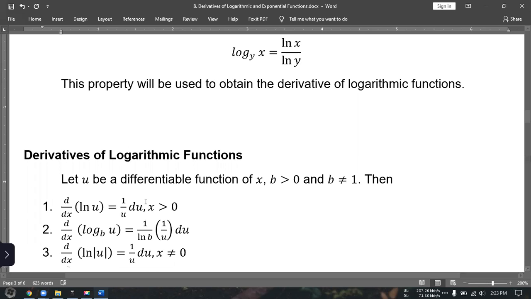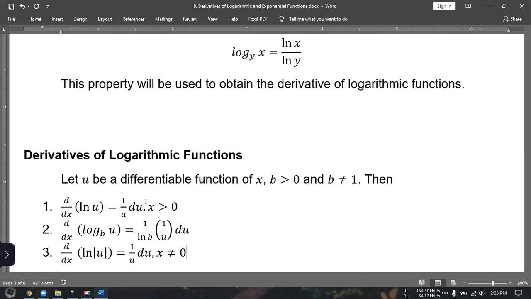Defined na yung mga logarithms natin. It's a matter of the definition of u, or our function u. Our u may be a polynomial function or radical function, or it could also be a trigonometric function, a logarithmic function, or exponential function.